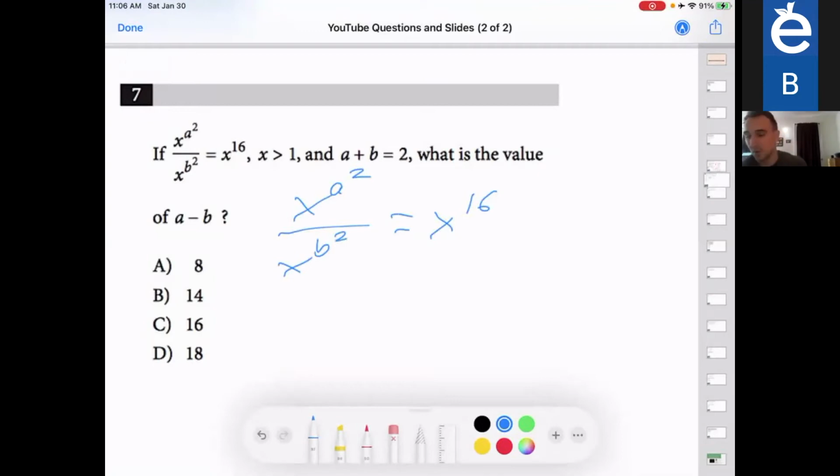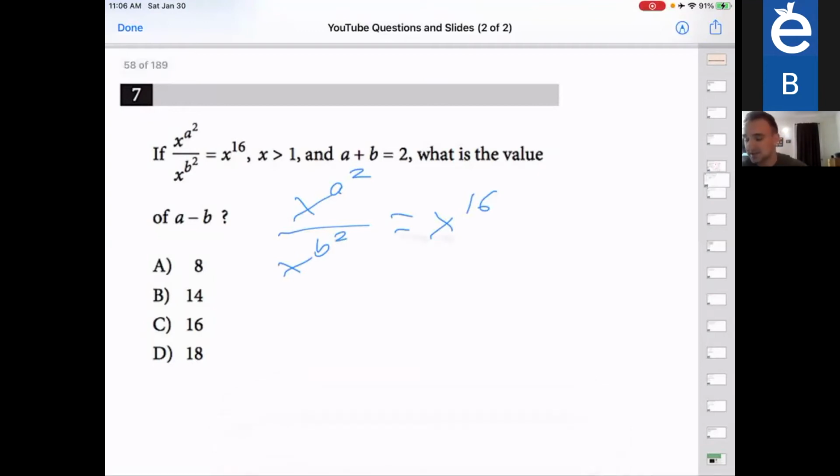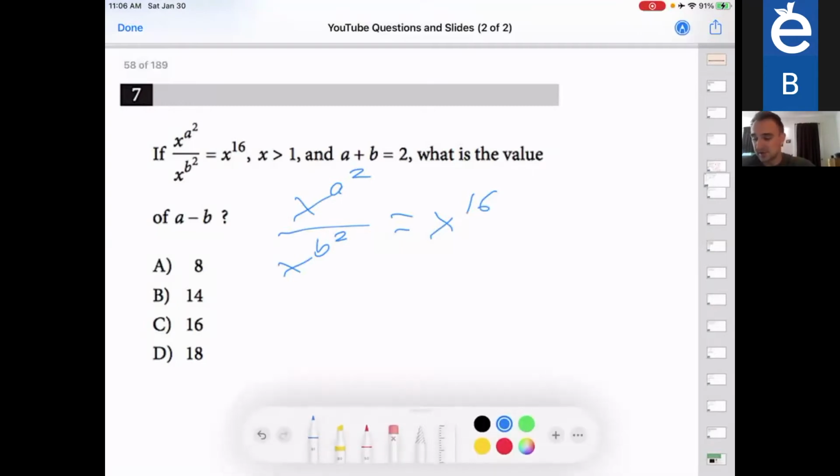So remember, when we have like terms or like bases in a fraction here, we can subtract our exponents in division. Multiplication of like bases means that we add the exponents. In this case, division means that we subtract. So our like bases here are x, both in the numerator and denominator. So I can pull out those terms.